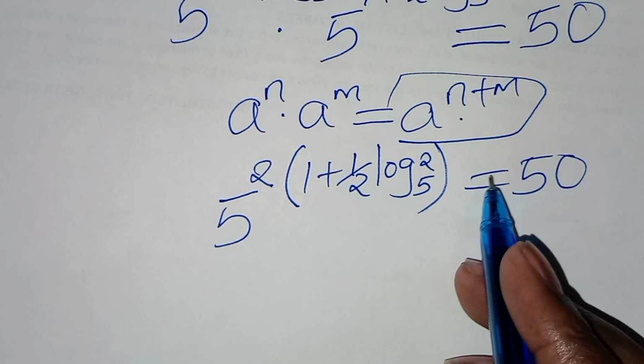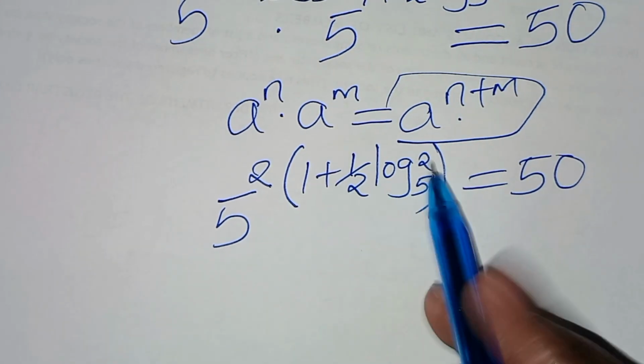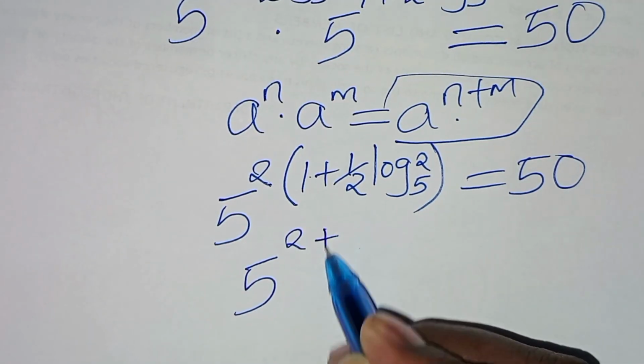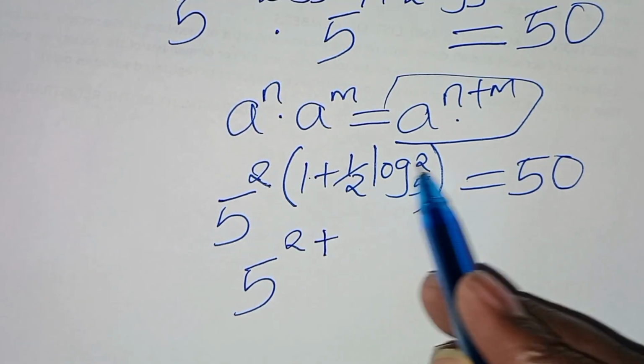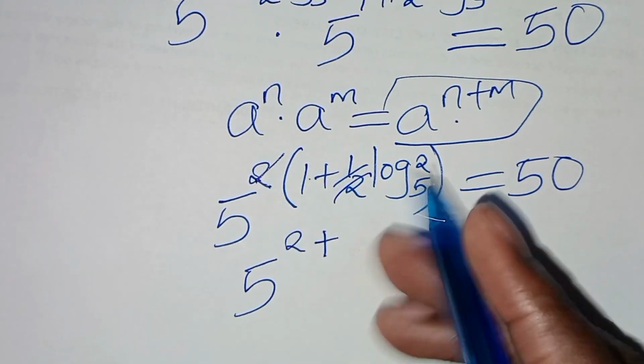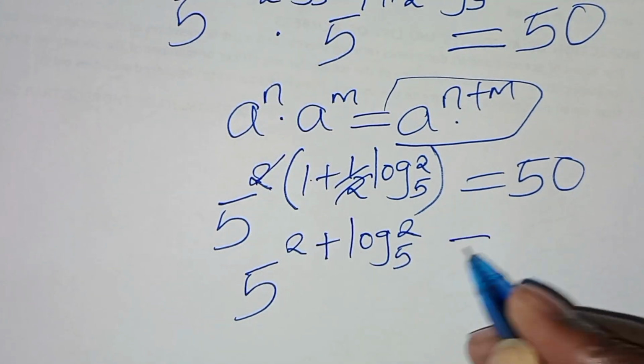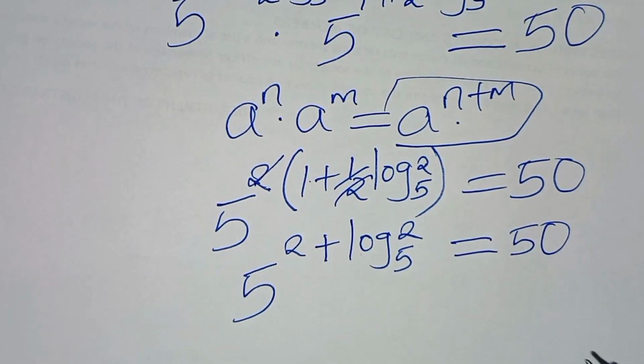Now the next step: let's open the parentheses so that we'll have 5 to power 2 times 1, which is 2, plus 2 times a half log 2 to base 5. Let's simplify here: plus log 2 to base 5, which is equal to 50.